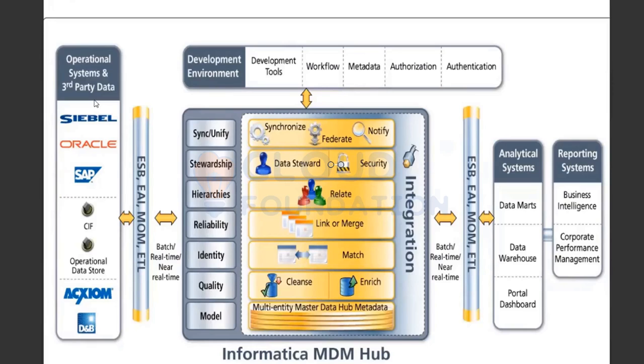Basically, why MDM was utilized, or why MDM came into the picture. MDM came into the picture because the industry was having multiple applications. What happened with that was every department's application was having its own data or database, due to which there were repercussions of duplicate data.